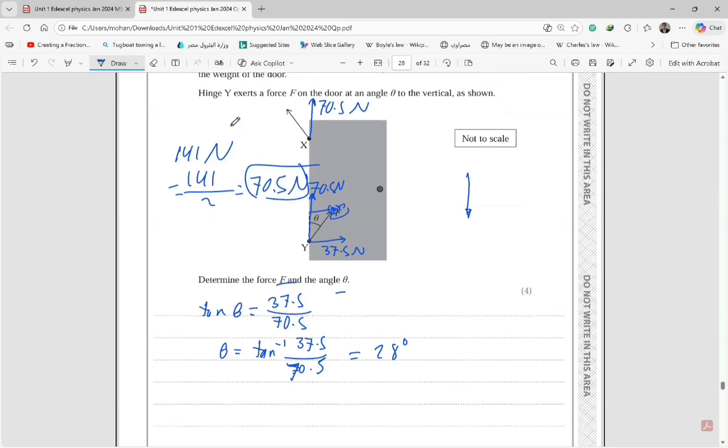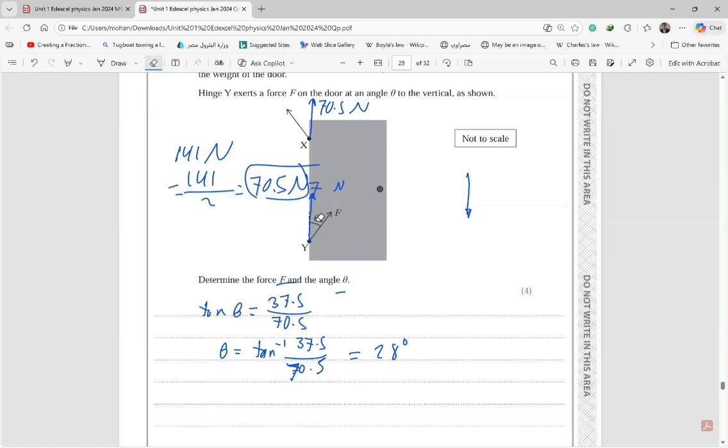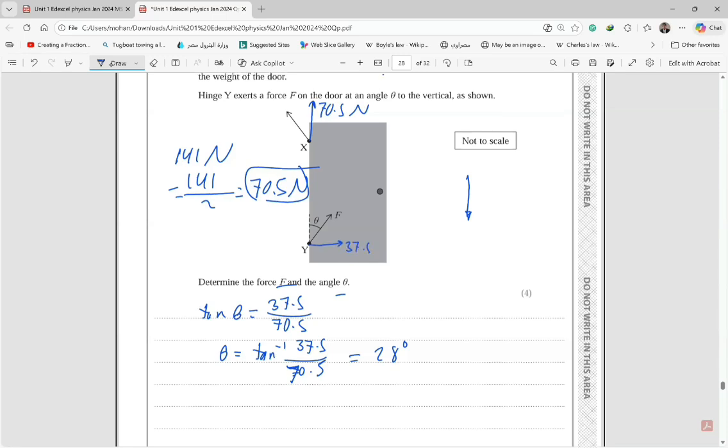Okay, now we need to get the force. From here it is very simple. This force acting horizontally equals 37.5, or this one; I think this one is given. You can say that this one is adjacent to the angle, and this one is the hypotenuse.